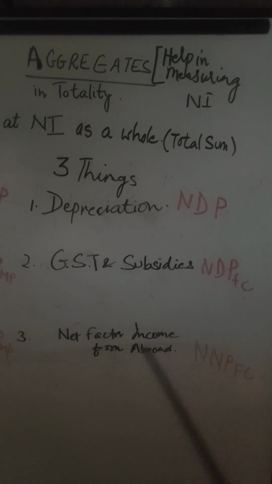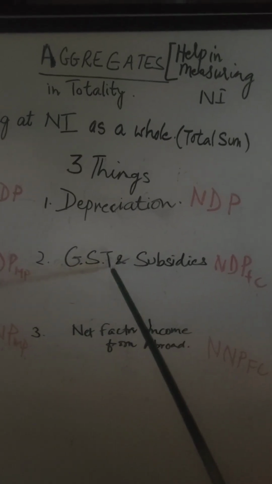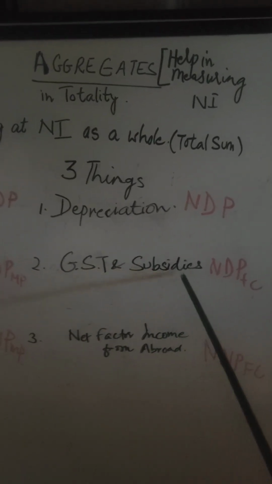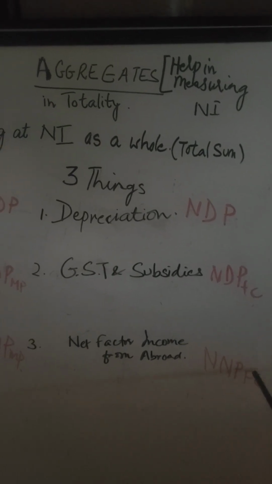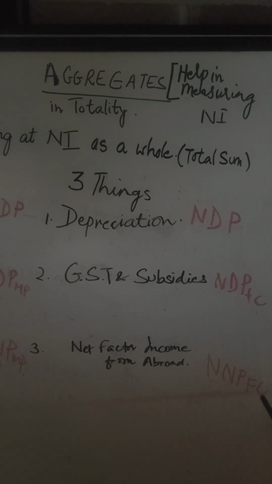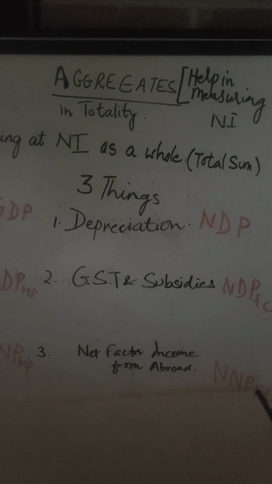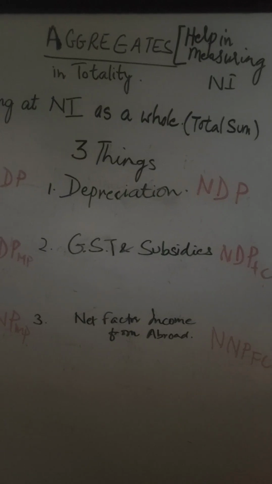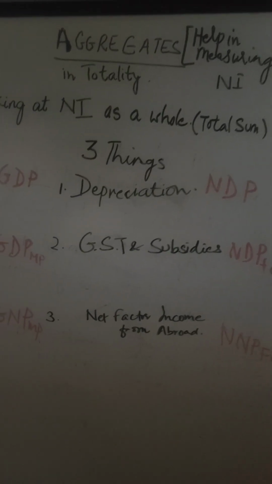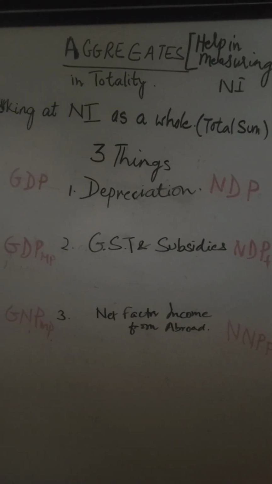At factor cost means it does not have net indirect taxes. That means they are evaluated at the factors of production. That is why it's known as factor cost. So what are the factors of production? Land, labor, capital, enterprise. I hope you've understood a little.